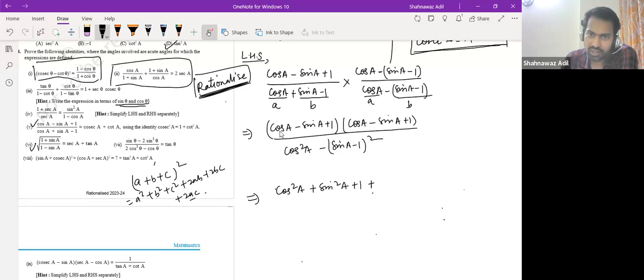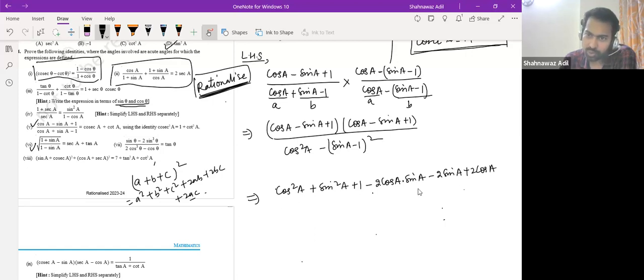A is cos and b is minus sine. So this would be minus of 2 cos a into sine. And then we have 2bc. So b is this and c is 1, so minus of 2 sine, and then plus of 2 cos.